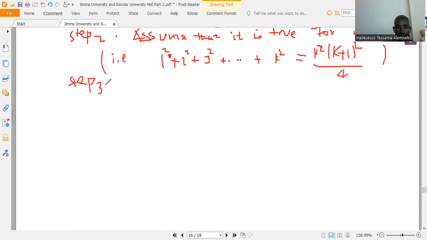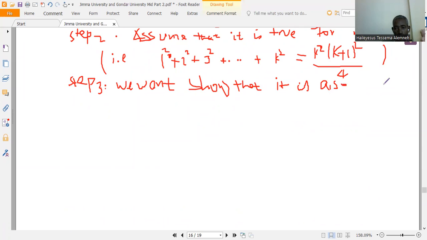In step 3, I want to show that it's also true for n is equal to k plus 1.